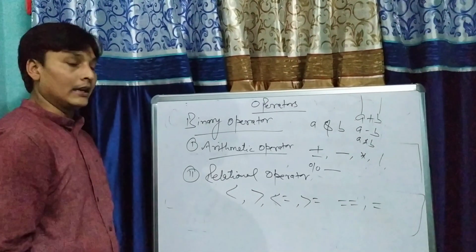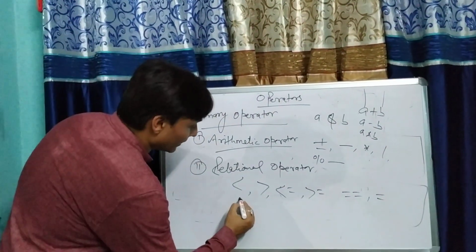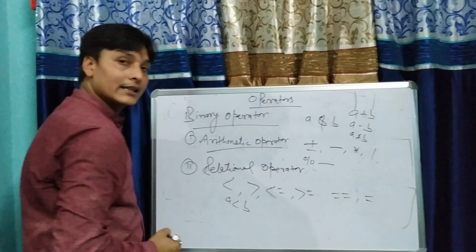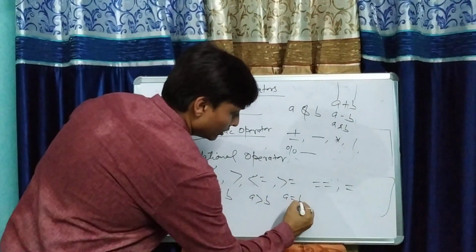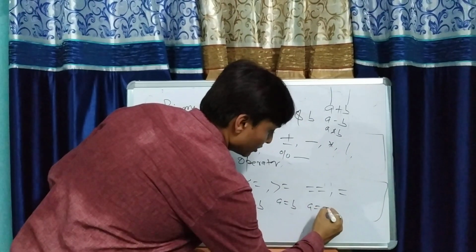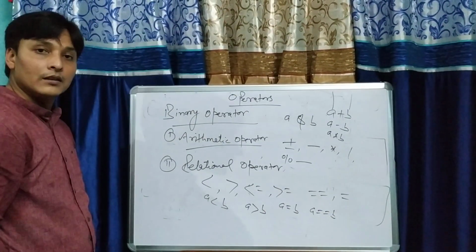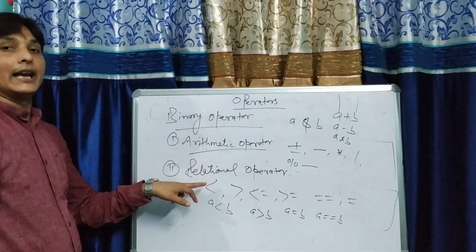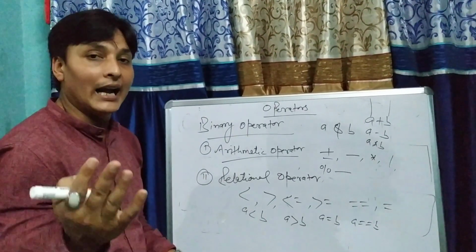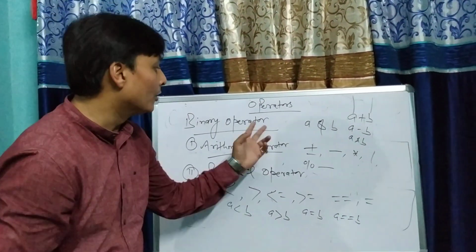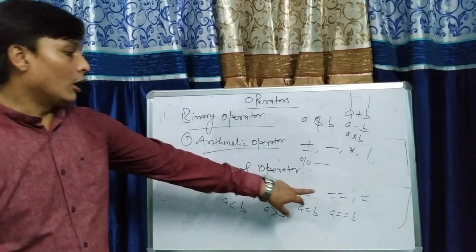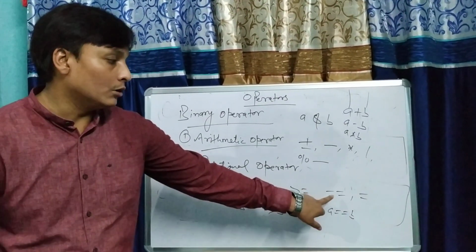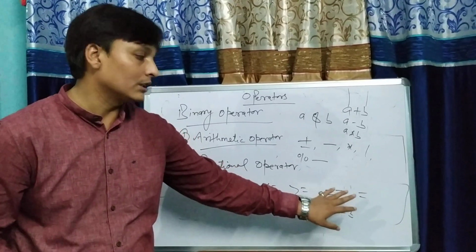Likewise, if you have to compare, then you will have a is less than b, or a is greater than b, or a equal to b, or a double equal to b. Means in this case, we need 2 operands to perform these operators. Fine? So, single equal to and double equal to, I am going to tell you the difference between these.